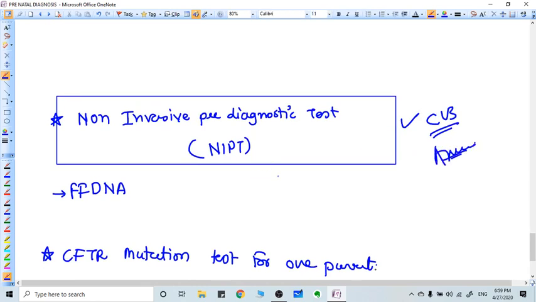But the problem is, it is not confirmatory. It's only a sign, and if we get some positive results we need to confirm them again.